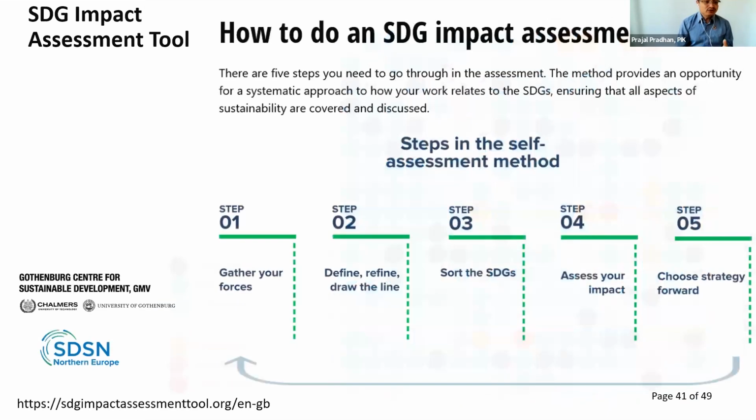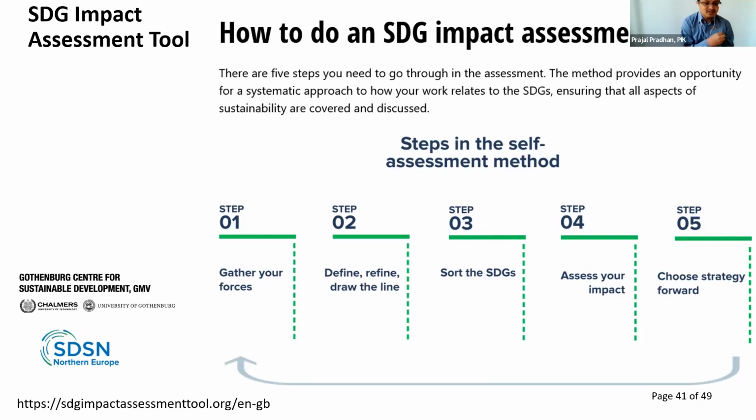There is also another tool called the SDG Impact Assessment tool, to understand what the impact of a certain thing is on the SDGs. This is jointly developed by SDSN Northern Europe, and you can also see here Chalmers University and University of Gothenburg, mainly from Sweden, where one can use this 5-step approach to conduct an SDG assessment, and this could be done for different strategies or for different things.